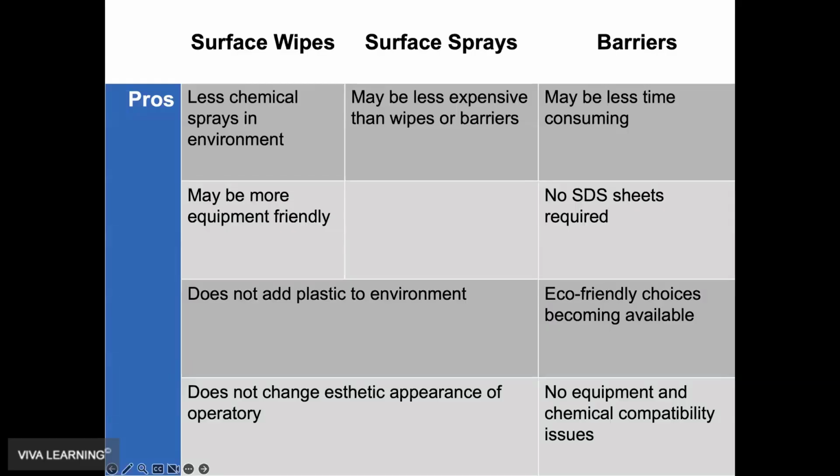Surface sprays may be less expensive than wipes or barriers, but we're going to talk about the cons of that on the next slide. With regard to barriers, yeah, they are time saving. You don't need a safety data sheet. There are eco-friendly choices that are more readily available, and there are no equipment and chemistry compatibility issues at all.